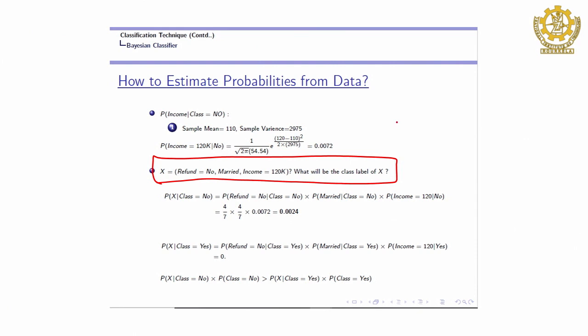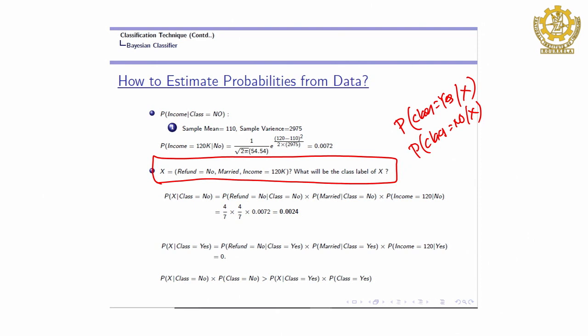You compute the probability of class Yes, whether he cheats or not, given x, and the probability of class No given x. For this we use the naive Bayes classifier.